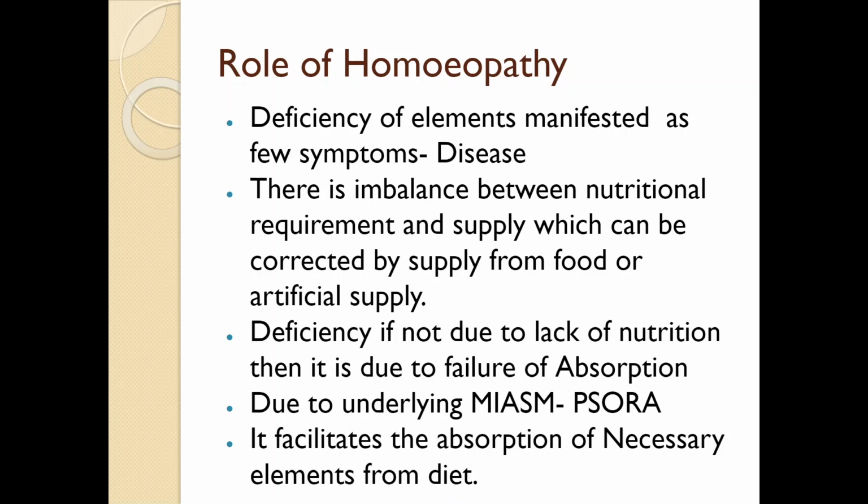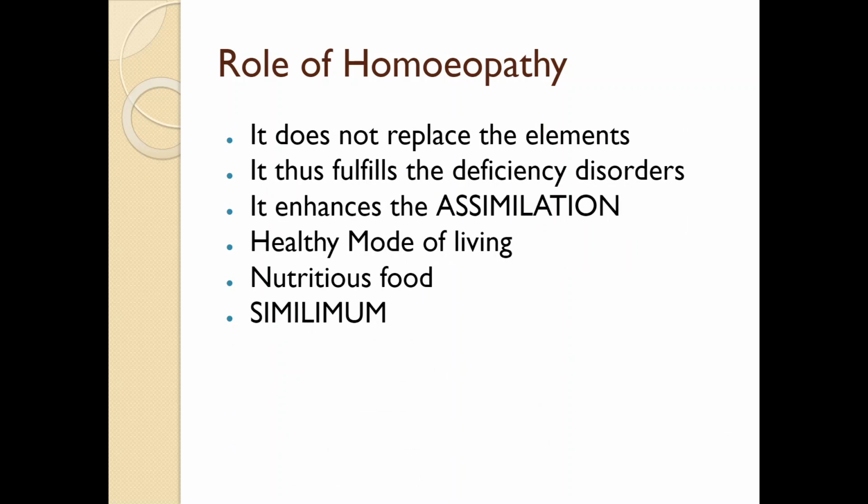To conclude, the deficiency of elements is seen and it results in manifestation of symptoms. They can be correlated as psoric states. So the deficiency results due to the underlying miasm, and it is because of the failure of absorption, and this can be corrected by the homeopathic simillimum. Homeopathy does not replace the elements.